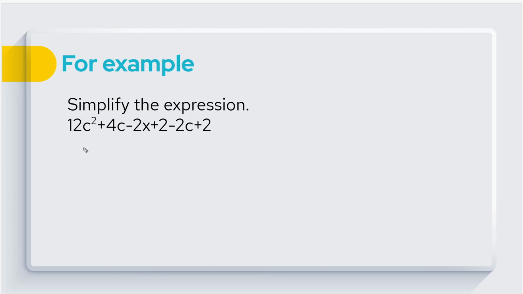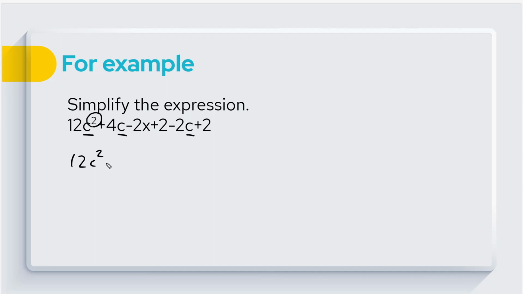Simplify the expression. 12c squared. So we have a c, we have another c here and another c here. But as you can see, this one has a power, and that's squared, right? The exponent here is 2. So that means this is not like terms with these. But these two are like terms. So 12c squared, positive 4c, negative 2c.